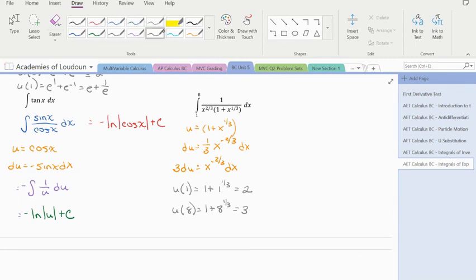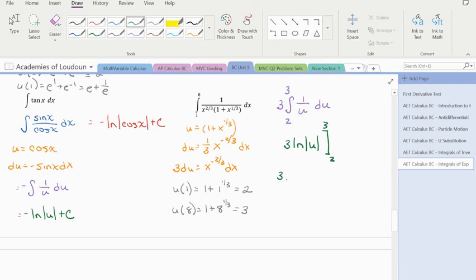So rewriting this integral, this becomes 3 times the integral from 2 to 3 of 1 over u du, which is going to be 3 times the natural log of the absolute value of u, evaluated from 2 to 3.